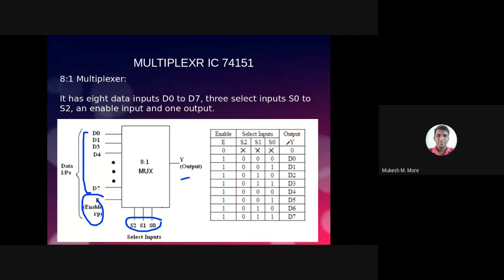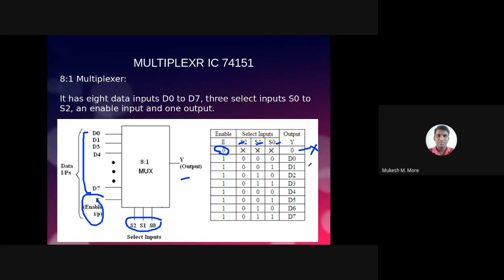The truth table has select inputs S0, S1 and S2, and the output. Suppose the enable input is 0, then the multiplexer will not work.